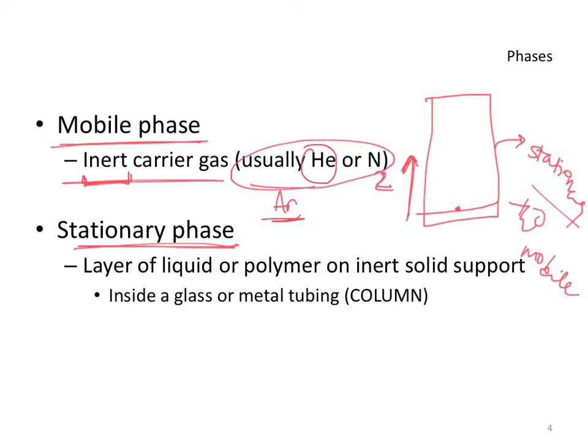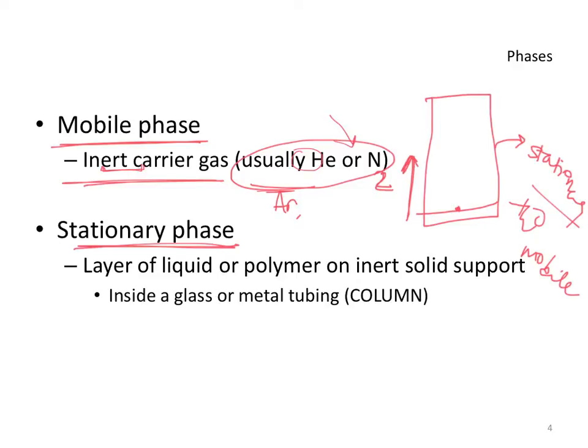You want to inject and you want to see the retention time. You want to get the properties of the same organic component. So you don't want your gas to be a reactive one. My question to you is, why nitrogen? What is so special in nitrogen that allows it to be used as a carrier gas?